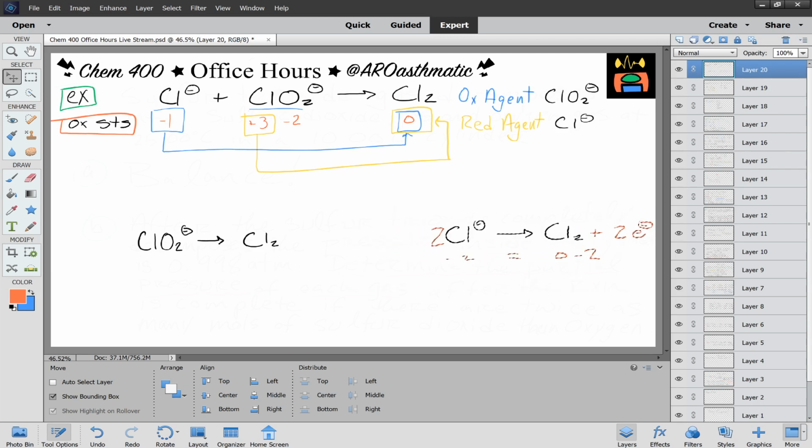Now, in basic media, you'll still use water to balance oxygen, and you will still use H+ to balance the hydrogen, but after adding the H+, for every H+ you add, you add an additional OH-.